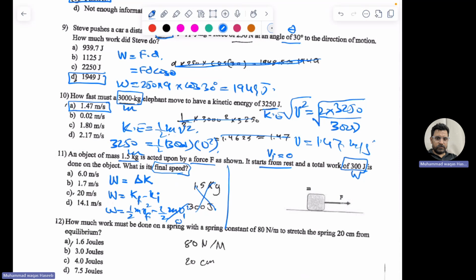And the total work is given, 300 joules equals 1 half, mass is 1.5 kilogram, times V squared. So V squared is nothing but 2 times 300 divided by 1.5, and you will get V, which is 20 meter per second.